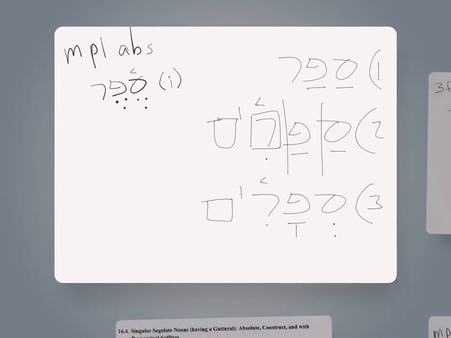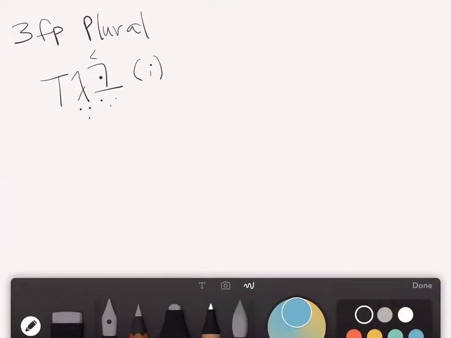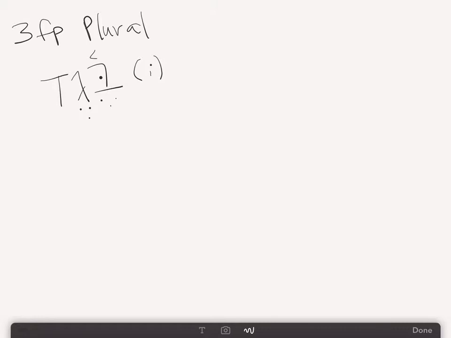And the final one that we want to work here is going to be the 3FP on a plural noun. So I've chosen all plurals, as you may have noticed, so that we are required to decide which proto-form to use. This time we're looking at a 3FP.